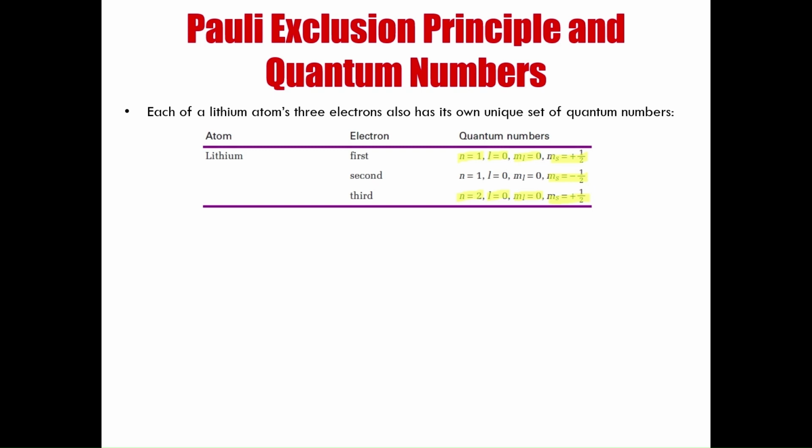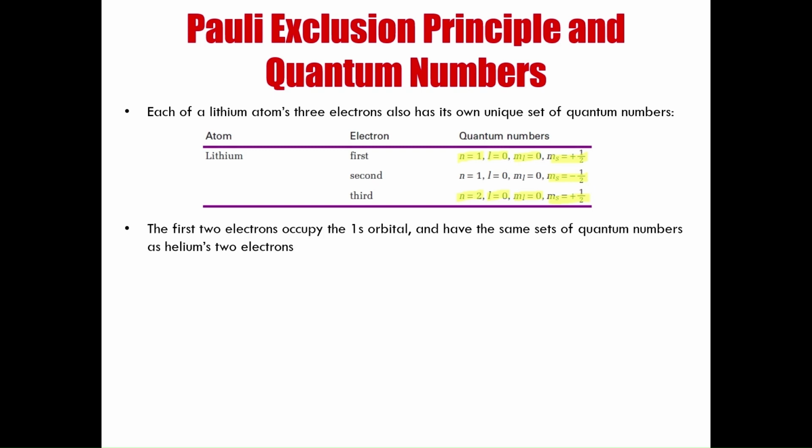So to review, the first 2 electrons occupy the 1s orbital and have the same set of quantum numbers as helium's 2 electrons. And that makes sense. So helium looks exactly like the first 2 lines of lithium. The reason why lithium is different is because we now have 1 extra electron in the second energy level.